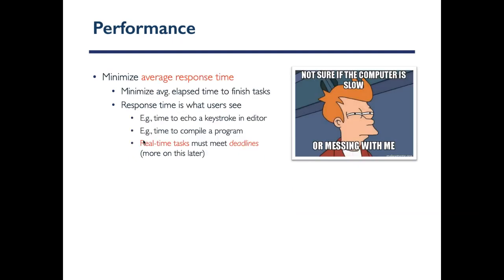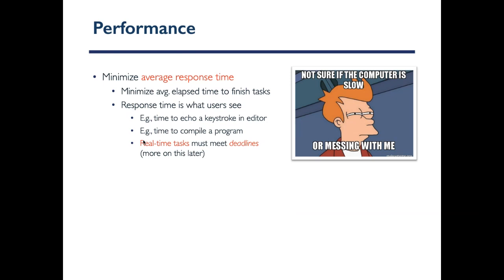Now, what are the things that we want from a scheduler? One of the most important things that a scheduler has to provide is good performance. There are different definitions of performance. One definition is minimizing average response time. So what is a response time to begin with? Response time is a definition that will show up again and again in quizzes.